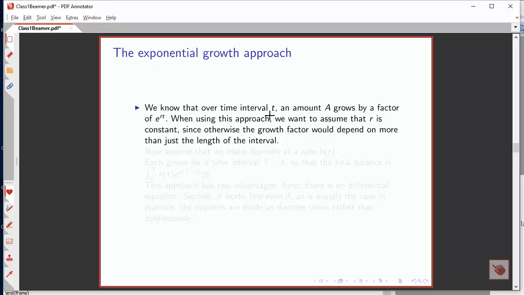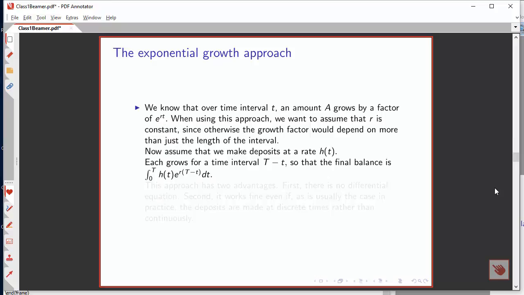What do we know? We know that if we've got a constant interest rate r, a balance A will grow by a factor of e to the rt over time t. And in this case, we want to assume that the interest rate r is a constant. Why? Because then only the length of the interval matters.